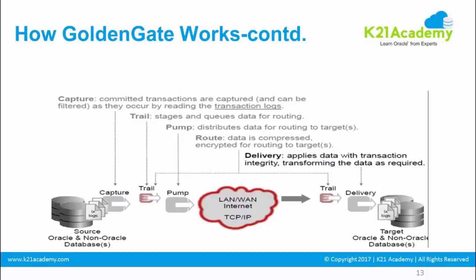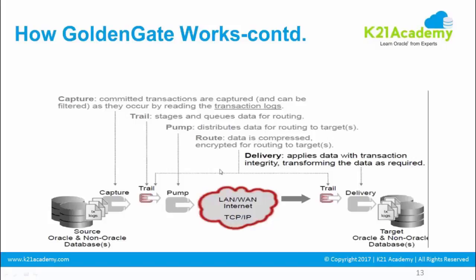At the start of the session, during the introduction of GoldenGate, I mentioned GoldenGate is a change data capture. So the capture process captures the changes which are happening in your environment. Once it captures, it writes them to the local trail. As soon as data becomes available in the local trail, the pump process reads the data from the local trail, sends it over the TCP/IP network and writes it to the remote trail.